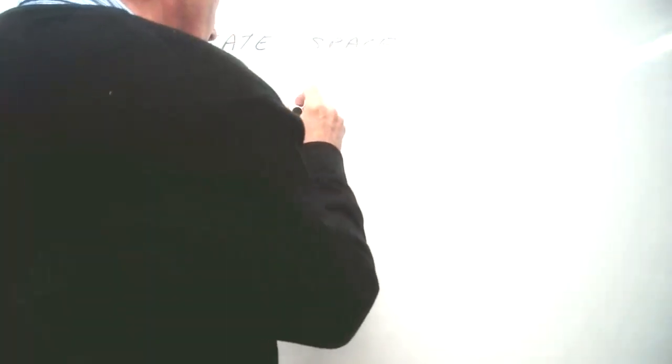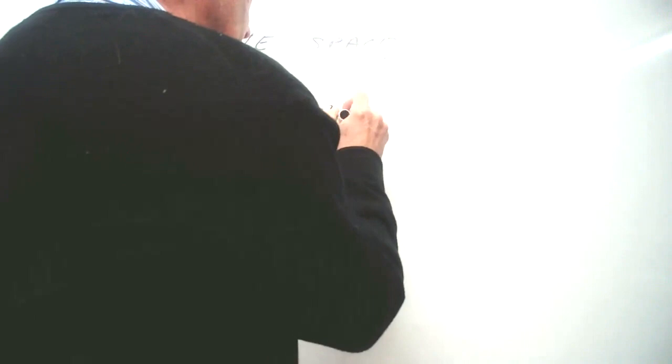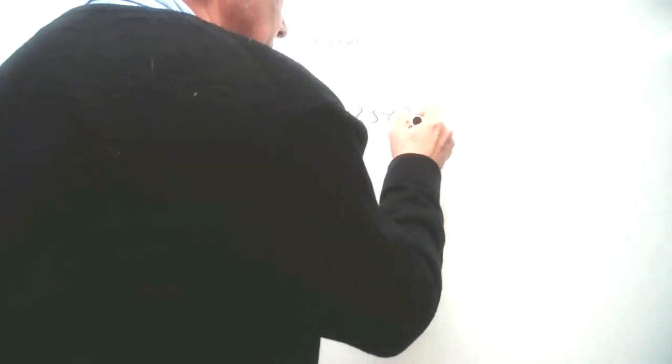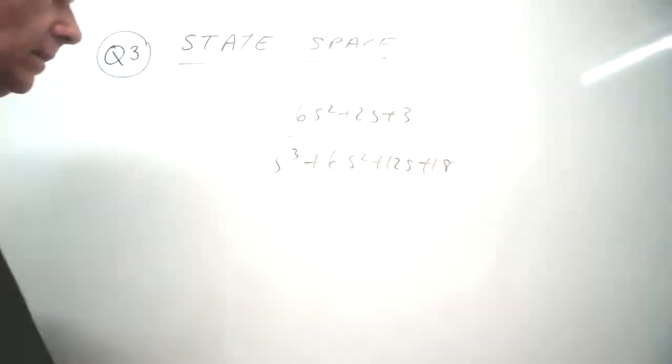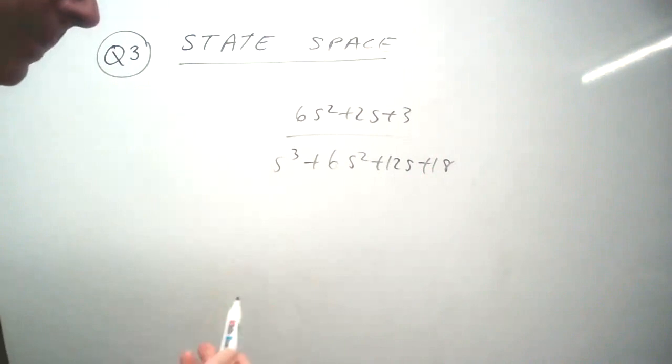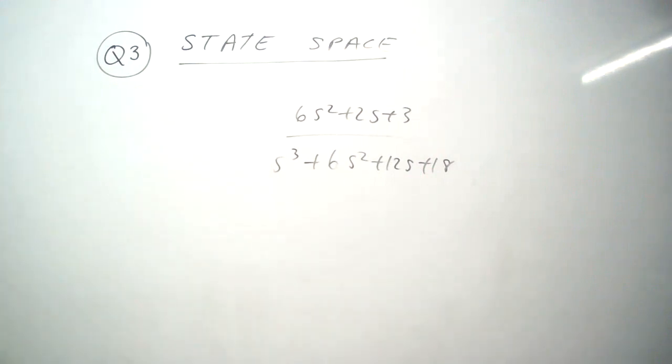So we've got (6s squared + 2s + 3) over (s cubed + 6s squared + 12s + 18). There we go. So here's another one now. I'm just going to swap my pen.